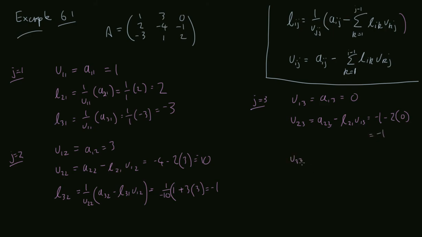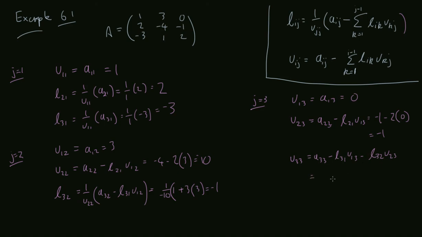And U33, so for this element here we know that L33 is 1, so we need to calculate what U33 is. So that's going to be A33 minus L31 U13 minus L32 U23. So in this summation, i is now 3, so k is 1 and 2, so we've got a couple of terms in that summation.